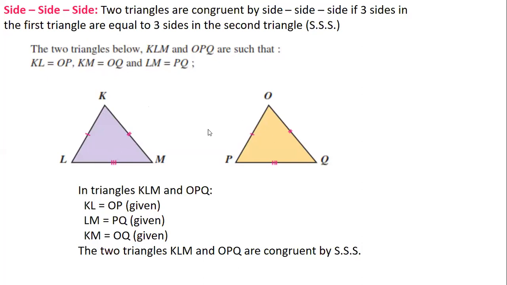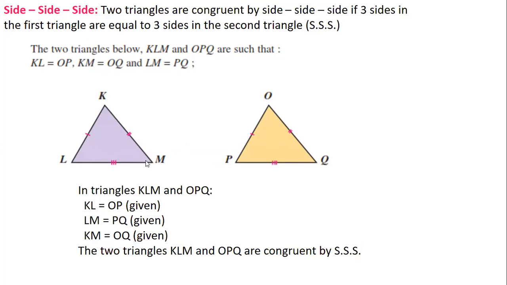If you look at the figure here, we have a purple triangle and an orange triangle. We have triangle KLM and triangle OPQ. As you can see from the marks on the figure, side KL has the same mark as side OP. This means that side KL is equal to side OP.